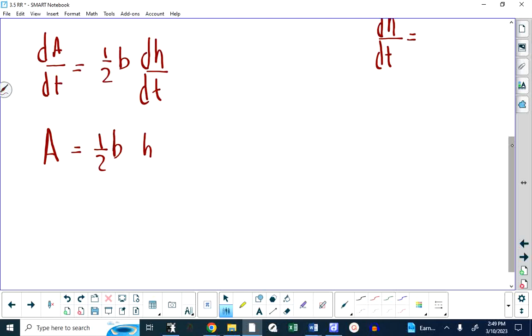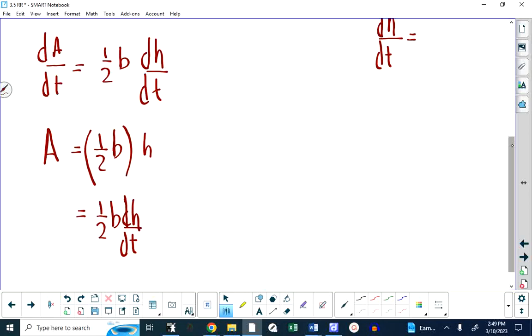Correct? But the base is a constant. If the base isn't changing, that's a constant. What's the derivative of a constant times h? The constant times dH/dt. No different than the derivative of pi times r is pi dr/dt.